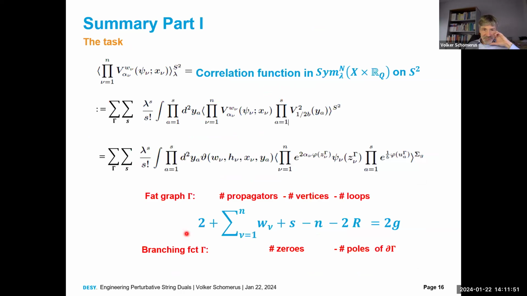That's the initial part of the talk. And so now let's summarize part one of my talk by stating the task that I'm setting out to accomplish.